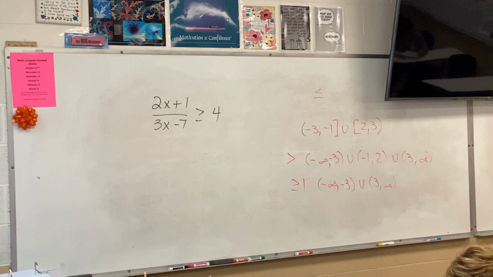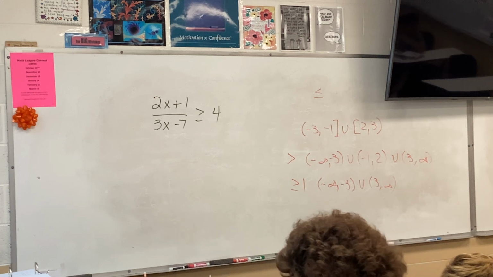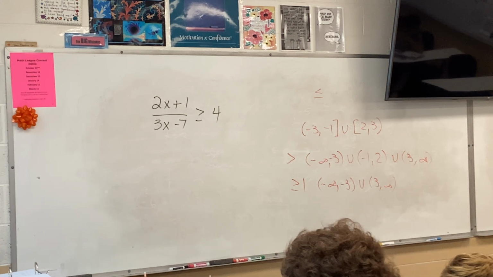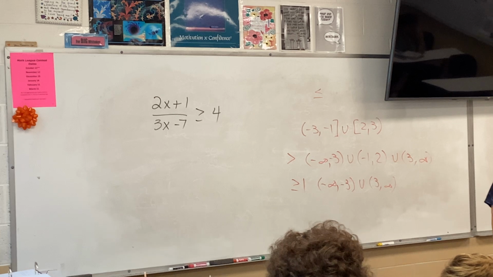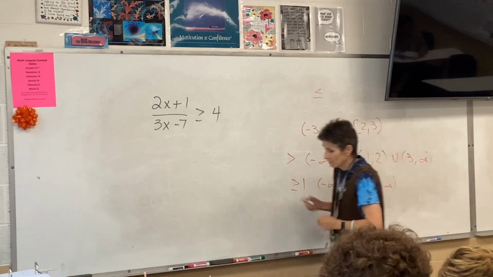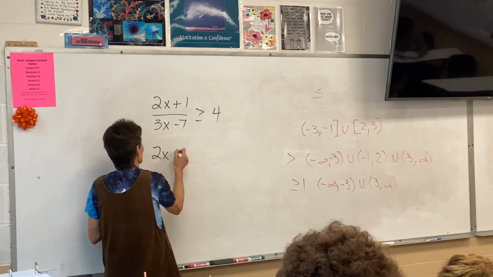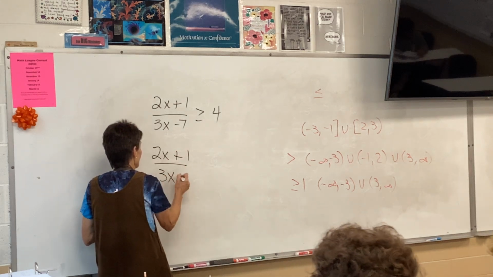Now, graphically, I could do this, but what if I have to do it algebraically? What is different about my problem than Mr. Passwater's examples? It's a 4 instead of a 0. And if you are going to be talking positive and negative, you have to have a 0. So, I know what you're tempted to do, and I'm going to try to explain to you why you can't do it.